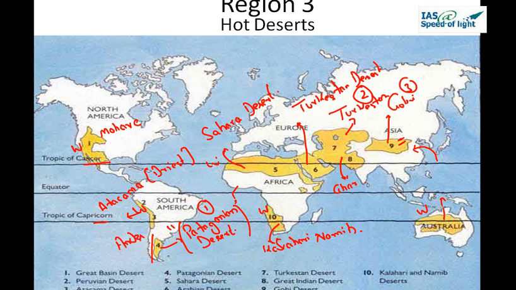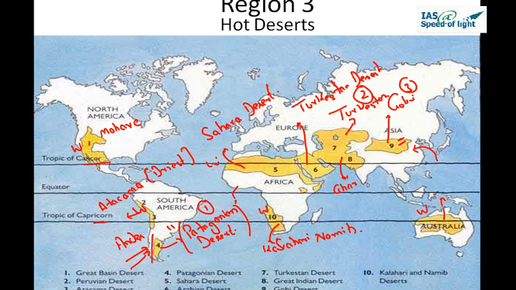So you have westerlies flowing like this, but you have the Andes mountain. So this Patagonia desert lies on the leeward side of the Andes mountain.